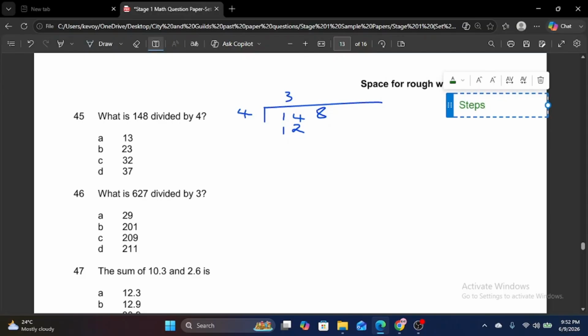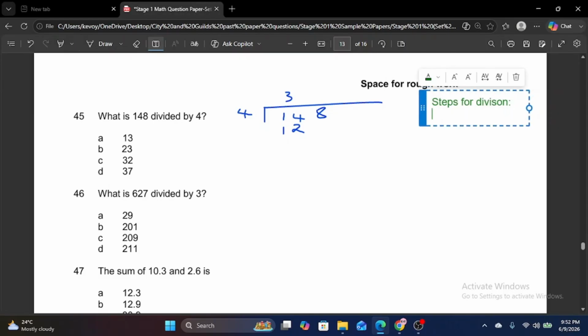I have a video on division if you want to check that out. So steps for division. First step is to divide. Then you multiply. And then you subtract. And then you bring down.